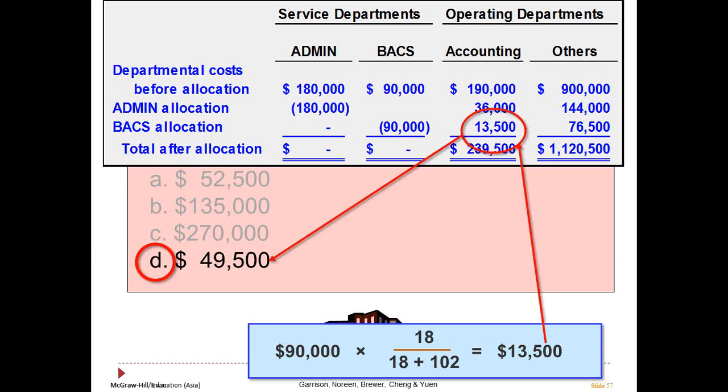To allocate BACs cost to accounting, we multiply 15% times 90,000 and get 13,500. The total amount allocated to accounting is the sum of $36,000 and $13,500 for a total of $49,500.